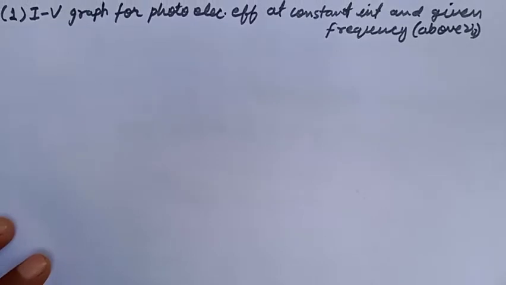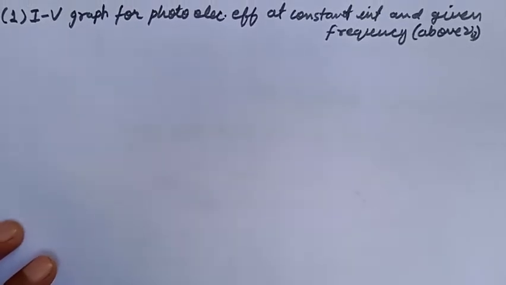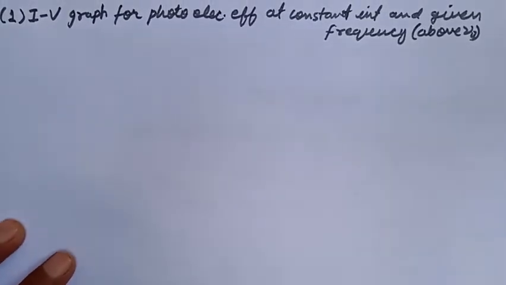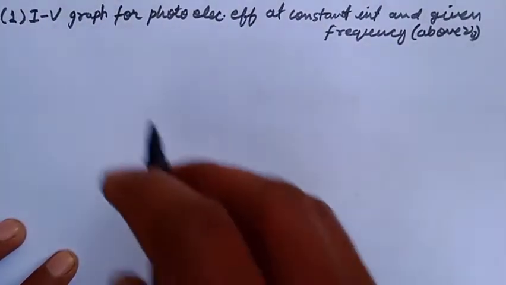Actually, if the radiation is of frequency less than the threshold frequency, then nothing will happen. So till the end of this video, whenever I talk about the frequency of incident radiation to produce the photoelectric effect, I mean any frequency which is above the threshold frequency.